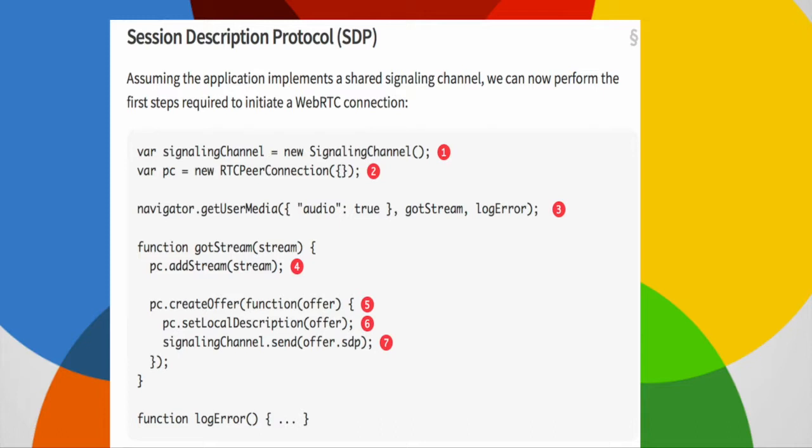Here is the code, where line 1 initializes the shared signaling channel, line 2 initializes the RTCPeerConnection object, and line 3 requests an audio stream from the browser, where line 4 registers the local audio stream with the RTCPeerConnection object, line 5 creates the SDP description of the peer connection, and then line 6 applies the generated SDP as the local description of the peer connection, whereas line 7 sends the generated SDP offer to the remote peer via the signaling channel.